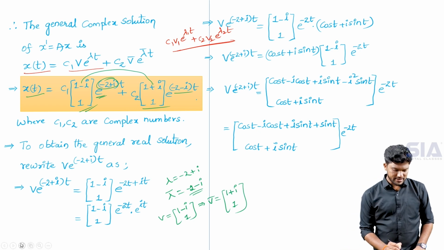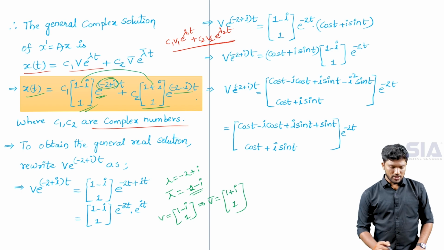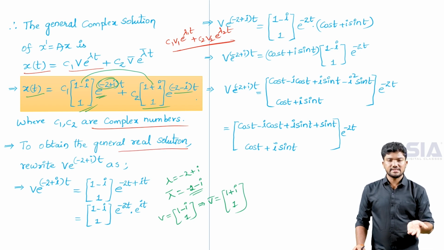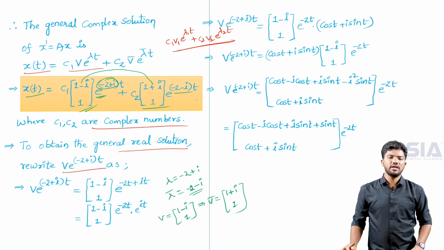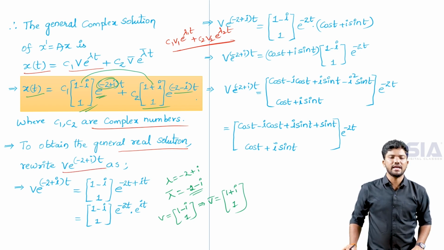Next, where c1, c2 are any complex numbers, to obtain the general real solution, rewrite the vector v e power minus 2 plus i into t.